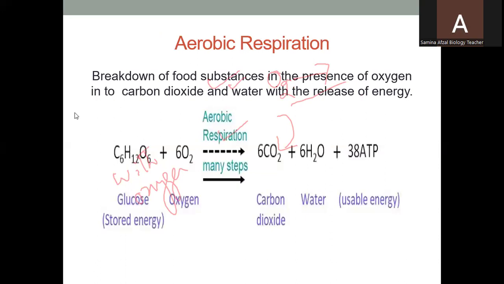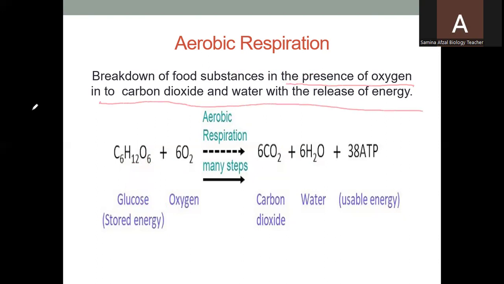First of all, we will discuss the equation for aerobic respiration. Breakdown of food substance in the presence of oxygen into carbon dioxide and water with the release of energy. Already discussed this. Now we will write the equation: C6H12O6 plus 6 oxygen molecules. In aerobic respiration, there are so many steps involved.